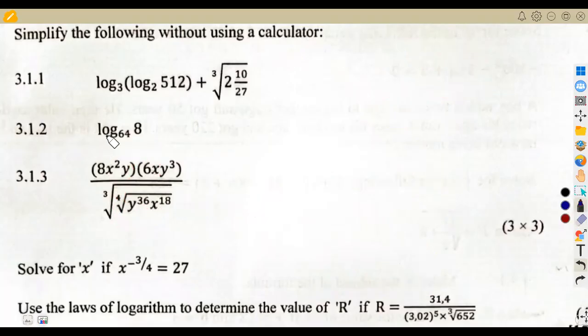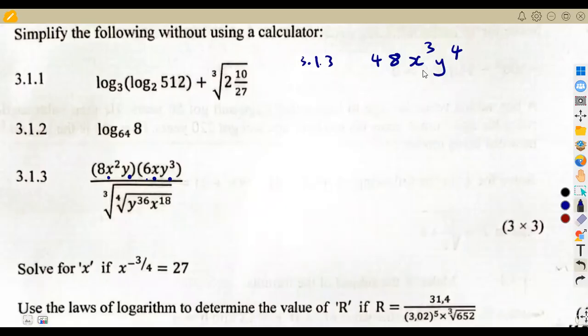So having this in mind, remember what I said is that you can also use the same consideration, but in a different manner. All right, let's say I multiplied 8 and 6. I got my 48, just like the previous part, x squared and x, we got x to the exponent of 3. y and y to the exponent of 3, we got y to the exponent of 4.